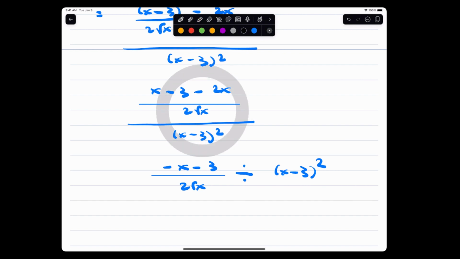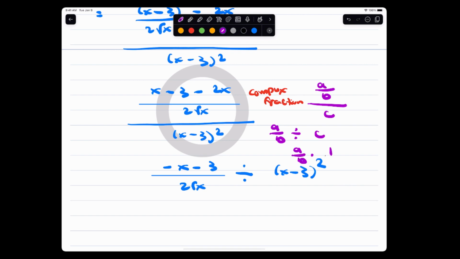Okay, so you have a complex fraction. And the algebra is like saying I have a over b divided by c, which is a over b divided by c, or a over b times 1 over c. And that's essentially what I'm doing here.